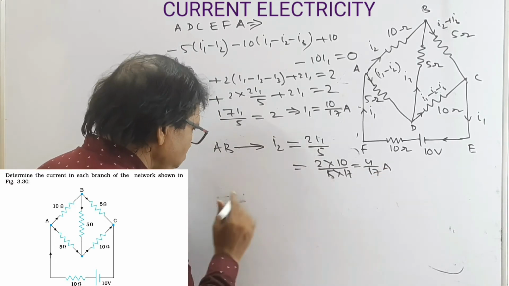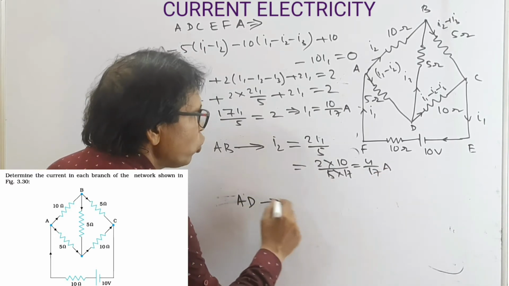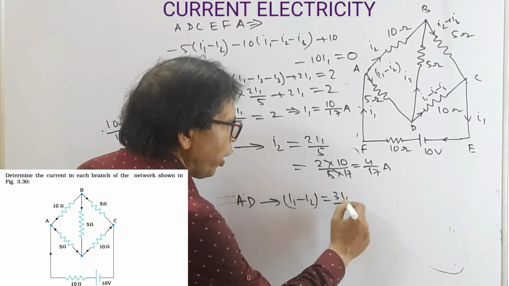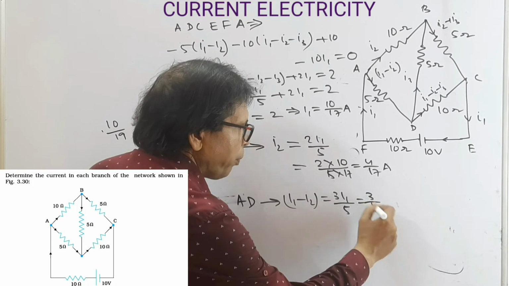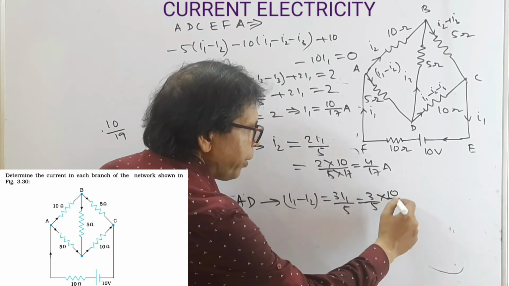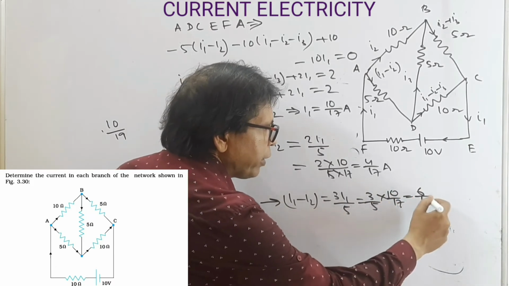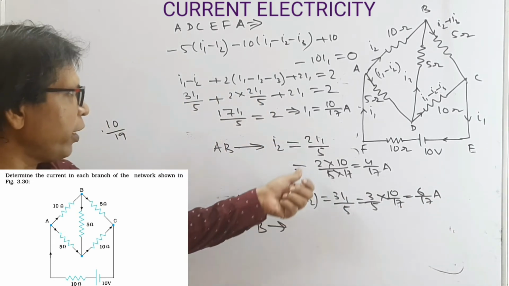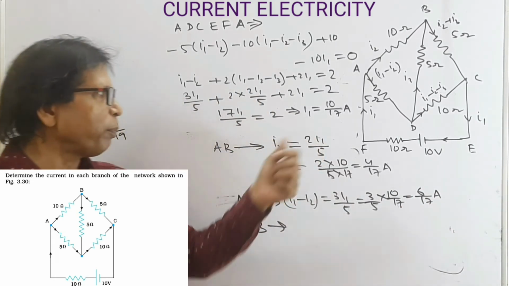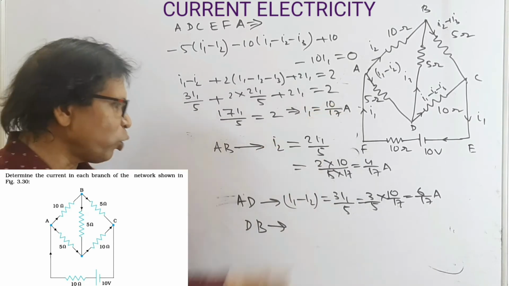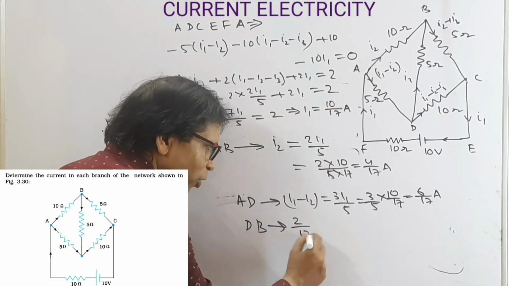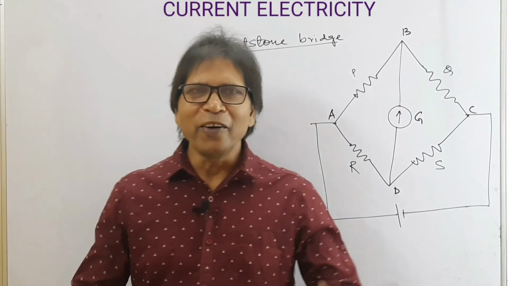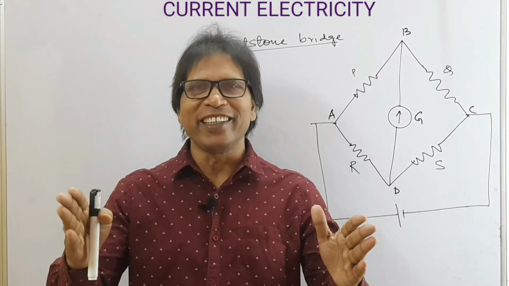Look at this, current through AD is I1 minus I2, so this is 3I1 by 5, so 3 by 5 into 10 by 17, which is 6 by 17 ampere. Okay. Now current through DB is equal to I1 by 5, so this is 2 by 17. Okay. Understood? Now next.